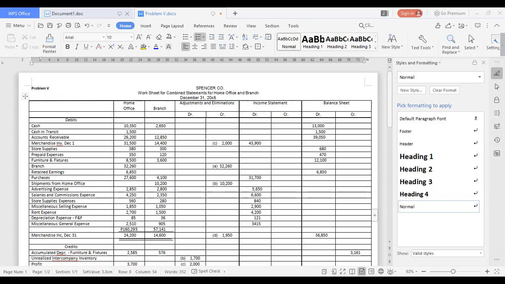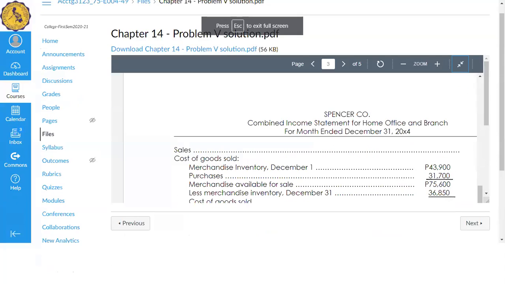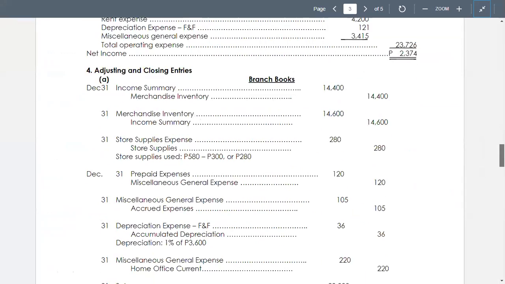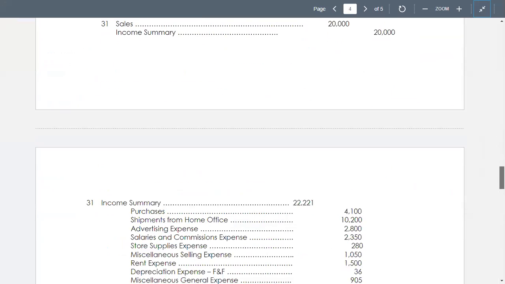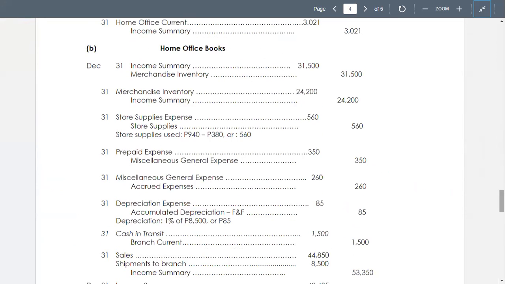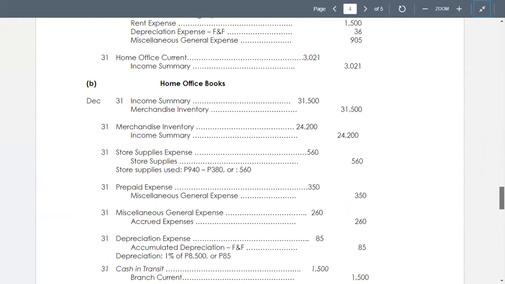Debit shipments to branch for 8,500 and credit income summary. The second entry is to debit income summary for 42,405 and to credit the following accounts.